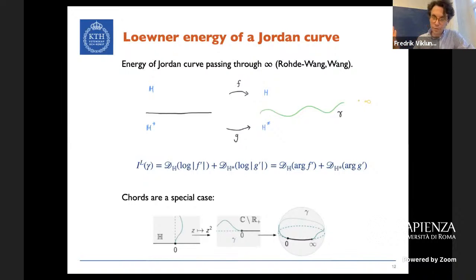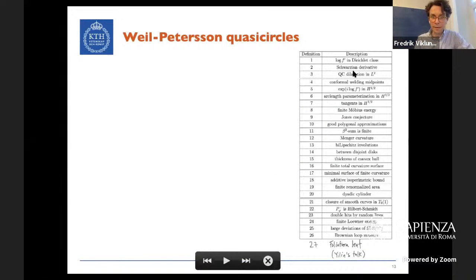Another equivalent definition is that the welding homeomorphism satisfies that log h prime is in H^{1/2}. The more classical definition would be that it's the closure of the smooth welding homeomorphisms.